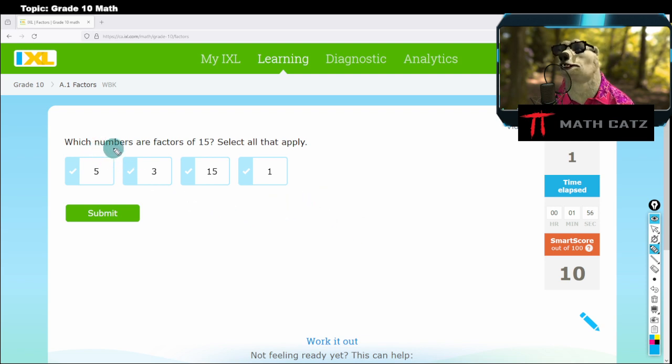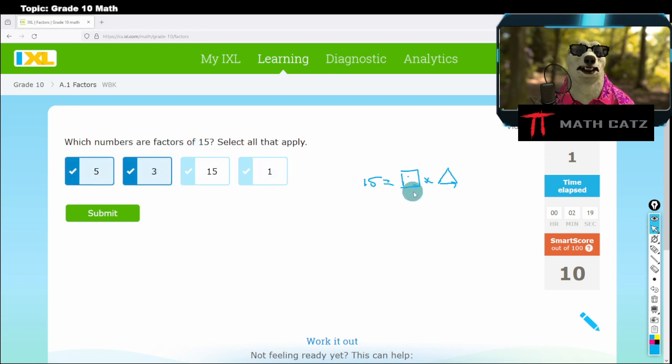So we have, which numbers are factors of 15? We are trying to write 15 as some number times some other number. I can write 15 as 5 times something, so 5 is a factor. I can write 15 as 3 times something.